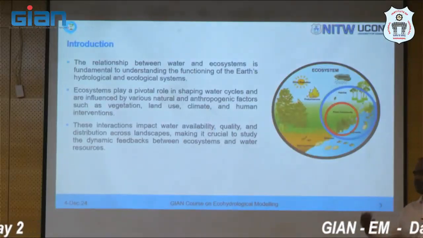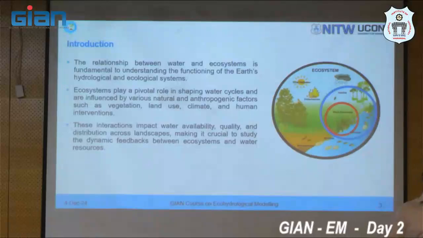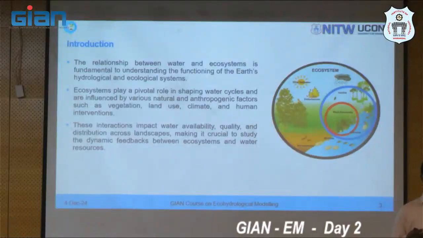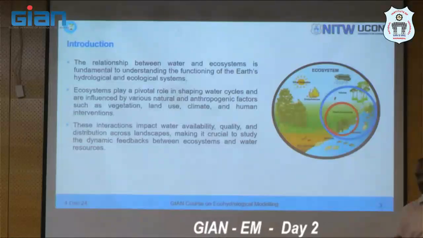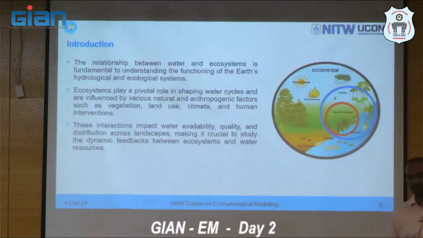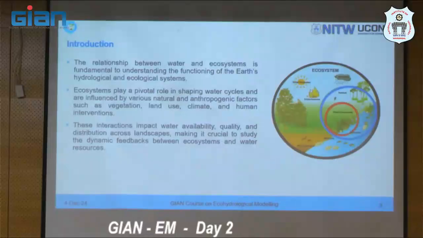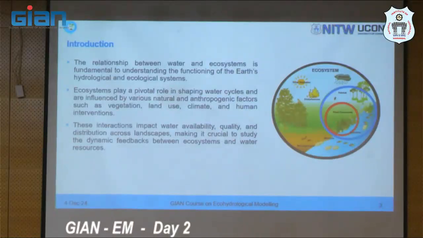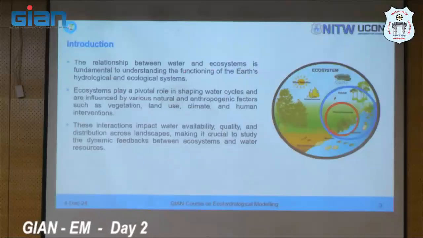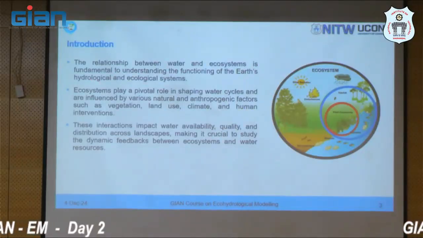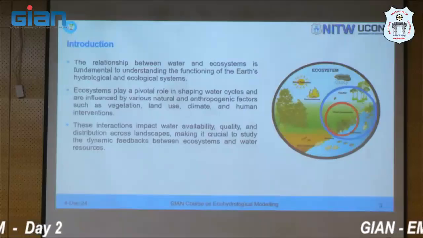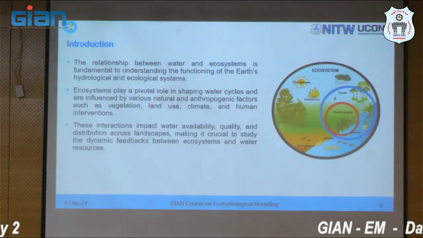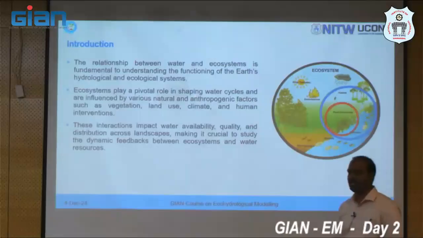And when we are talking about water and ecosystem interactions, our focus is mostly on agro systems, agricultural based systems, or forest based systems, right. To develop any solutions, we must have an understanding of the functioning of Earth's hydrological and ecological systems and how they interact, right. So, ecosystems play a pivotal role in shaping water cycles.